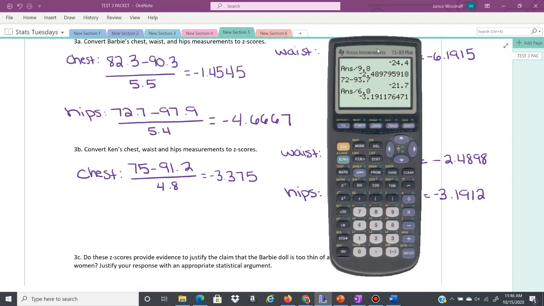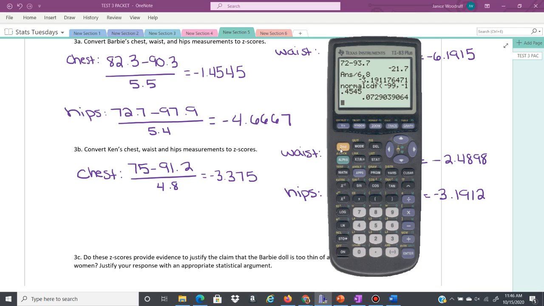So I would go for the chest, normal CDF, negative 99, and then negative 1.4545. So that is going to represent about 7% of women, which means 93% of women are misrepresented there.